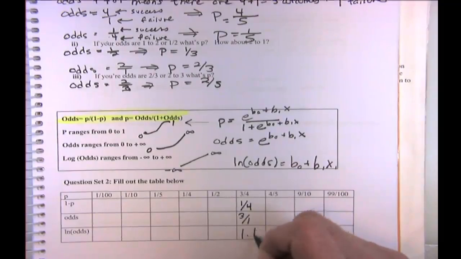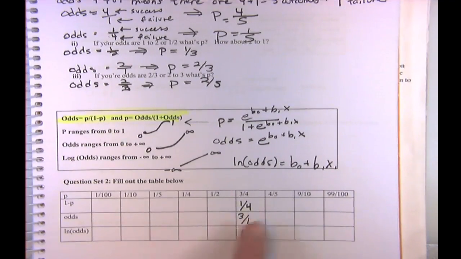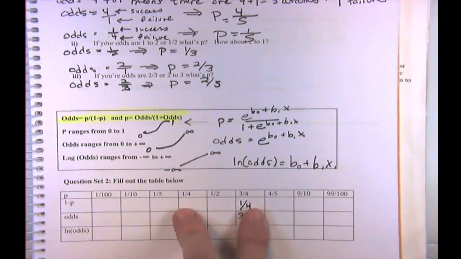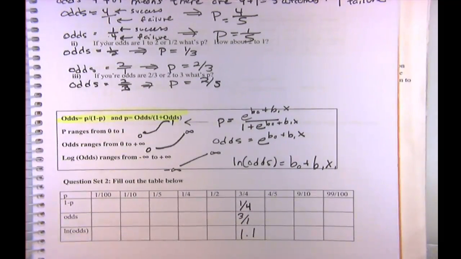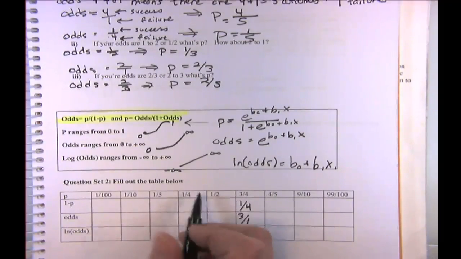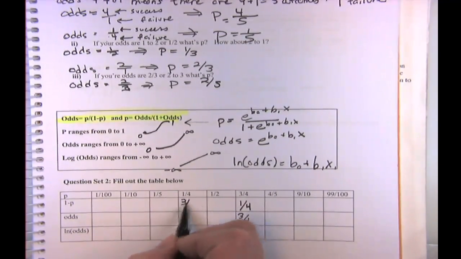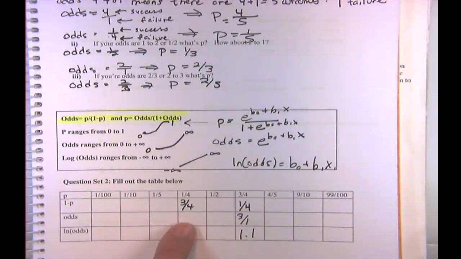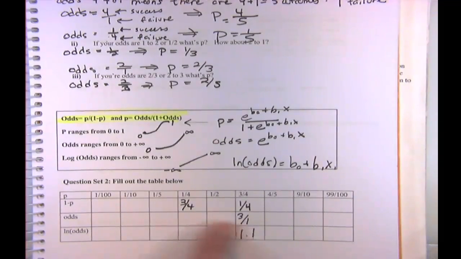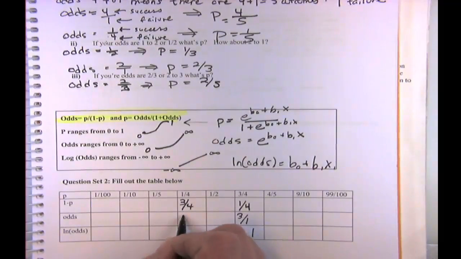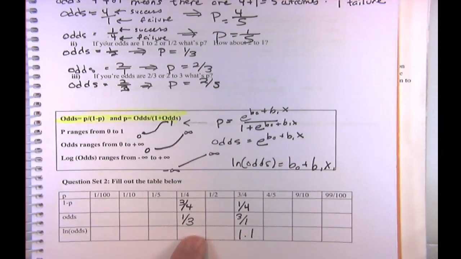All right, now let's look at this. It's symmetrical with this one. So let's do this one now. What's that going to be? Well, if P is 1/4, 1 minus P will be 3/4, and your odds are going to be what? Instead of 3-to-1 here, they're going to be 1-to-3. And what do you think this is going to be?